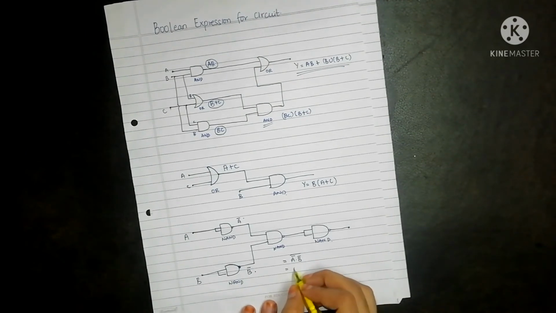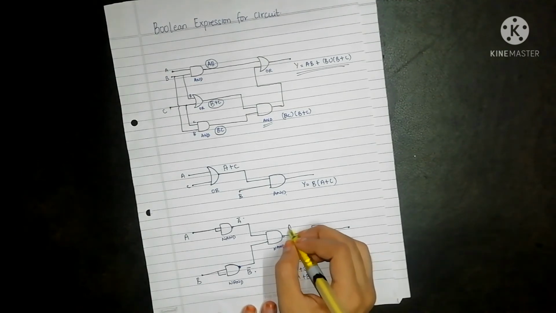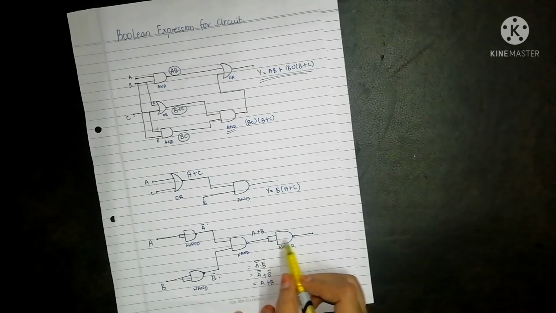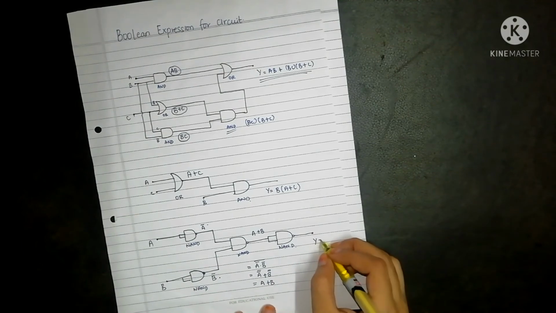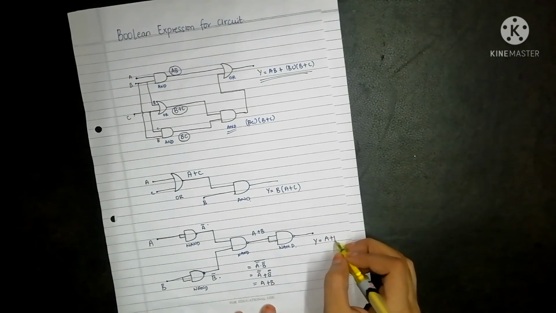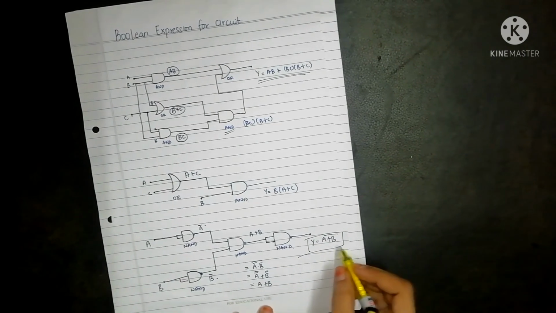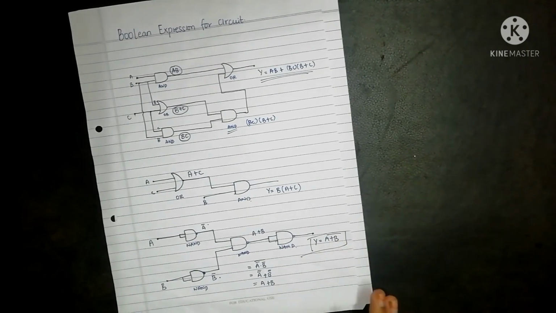So we can solve this as A double bar plus B bar using De Morgan's theorem, and finally it's A plus B. So the output from this NAND gate is A plus B. Next, again we are passing through one more NAND gate, and this time the terminals are shorted, so the output obtained is going to be the inverse. In this way we have got the output as Y is equal to A plus B the whole bar.